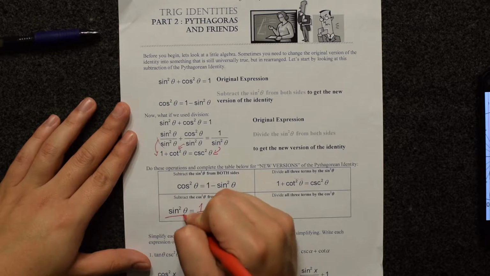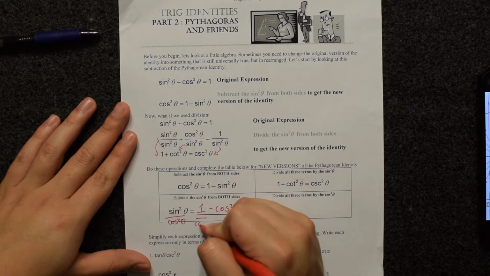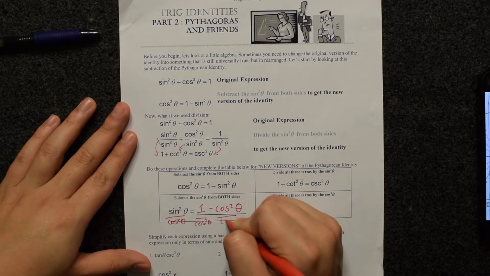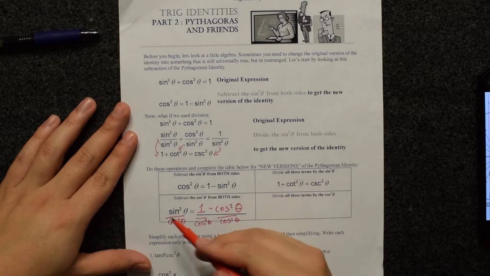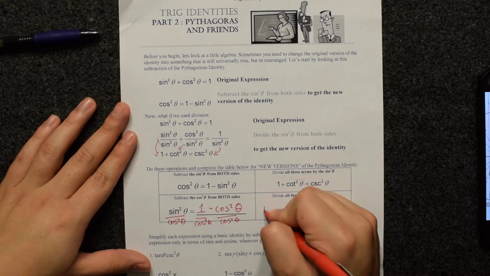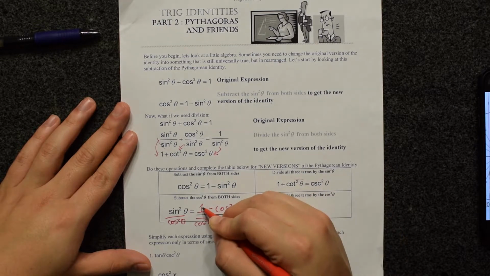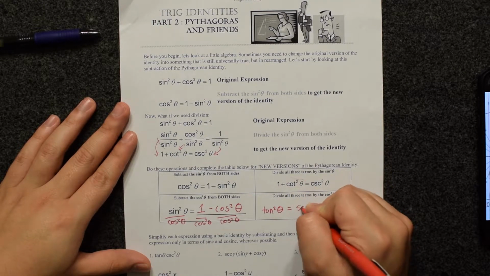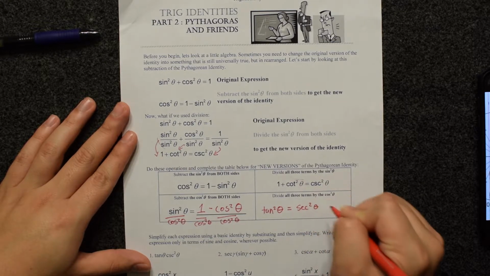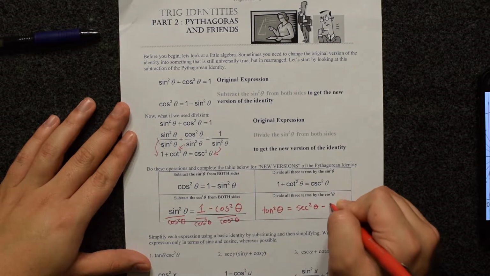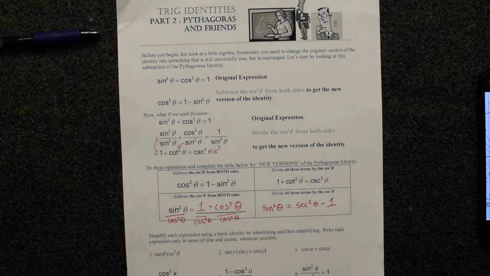Sine squared over cosine squared theta gives you tangent squared theta is equal to 1 over cosine squared theta gives you secant squared theta, minus cosine squared theta over cosine squared theta, 1. So here you have a new version of the identity.